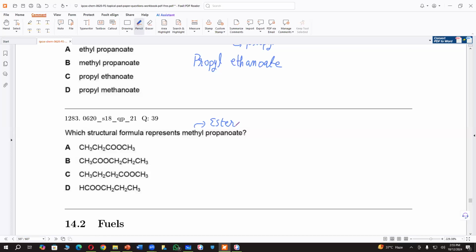Propanoate, methyl means one carbon. So one carbon after COO. This is COO, the main link. So it should have one carbon after COO. Methyl means one carbon after COO. Alkyl is always after COO.